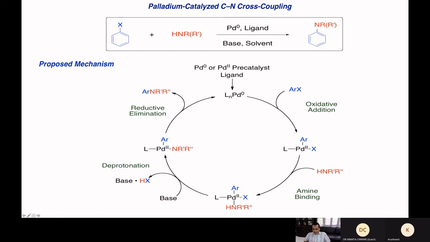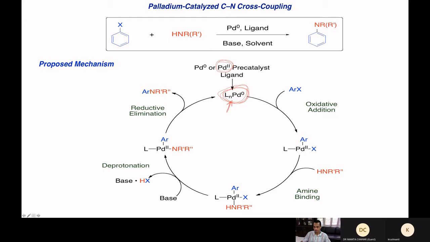Let's look at the catalytic cycle one more time. In the mixture, you are generating in situ ligand palladium 0. These ligands are those which I have discussed in the last slide. Now palladium 2, like palladium 2 acetate or palladium 2 chloride, is getting reduced to palladium 0, and this is very, very important for your reaction to happen.